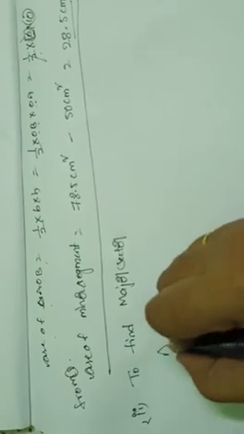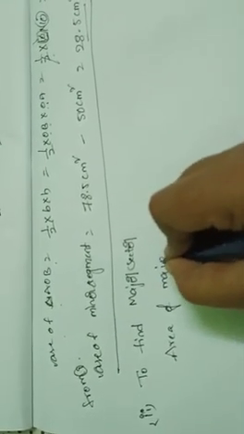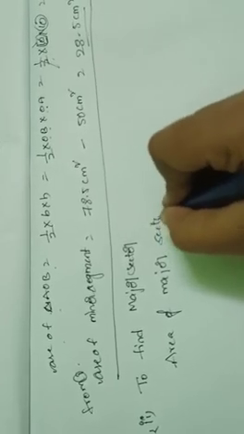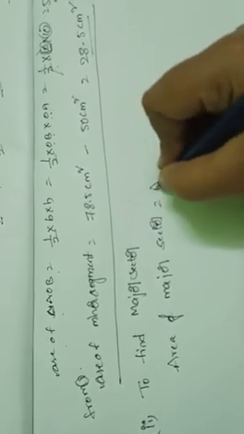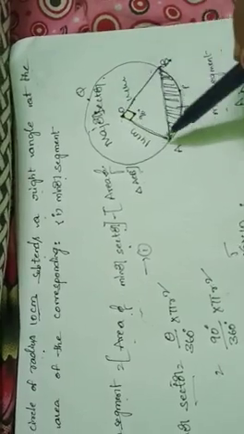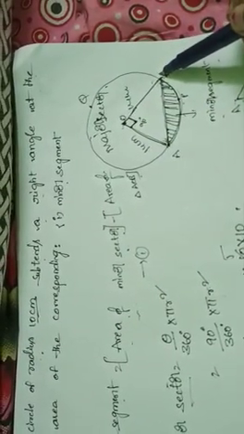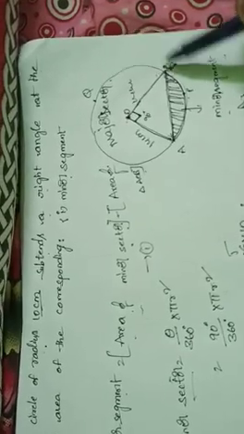Area of major sector equal to area of circle minus area of minor sector. Is it clear?